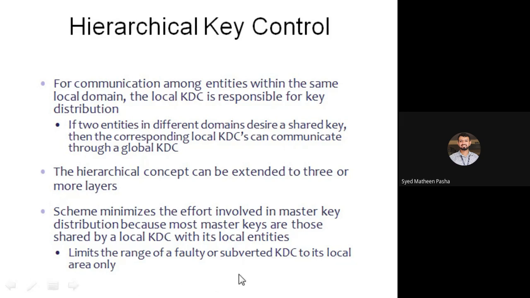Now, I will take one simple real-time example. If something happens in your class, you inform your class teacher or any of the subject faculty. Those faculty will inform the HOD if the matter is very serious. That is the process we follow in college. You can apply the same concept here. If there is any fault inside a local KDC, it is solved there only. It is not taken up to the higher authority.